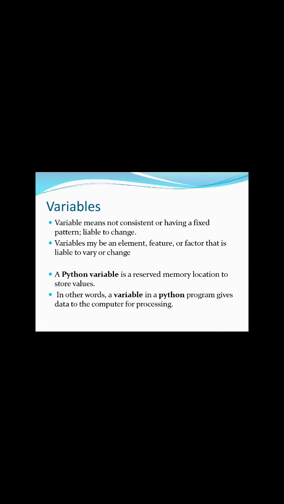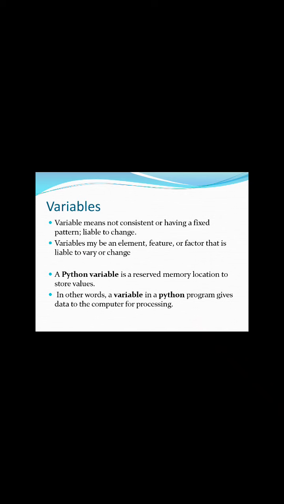So here A and B are variables in which we are storing values. In Python or any programming language, to store a value you need to create a space in memory, and that memory location, called through a particular identifier, is called a variable.